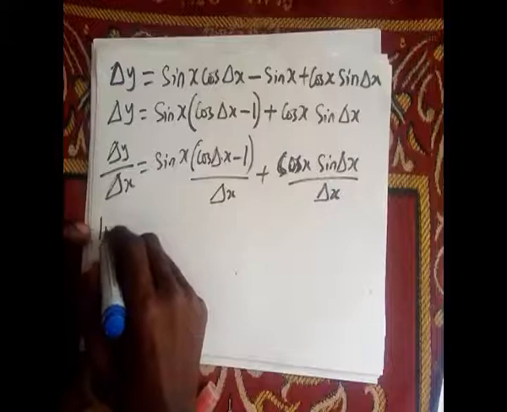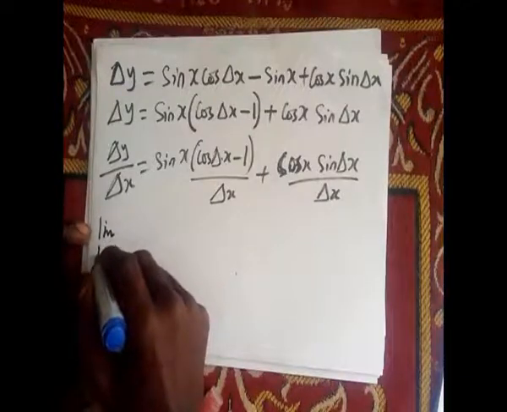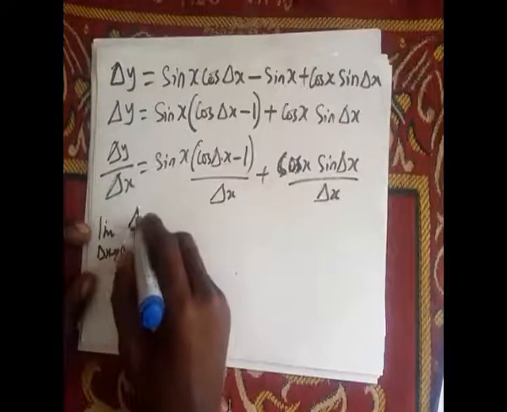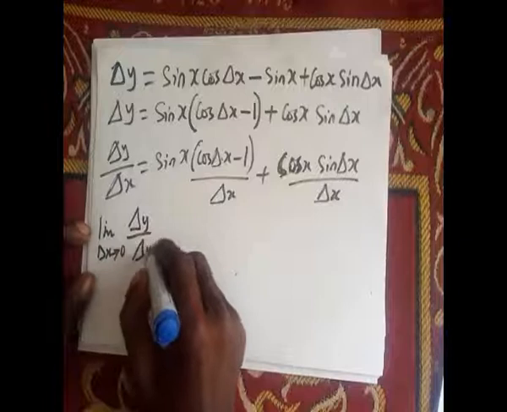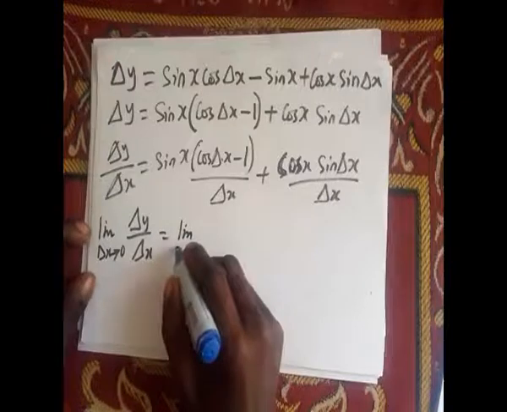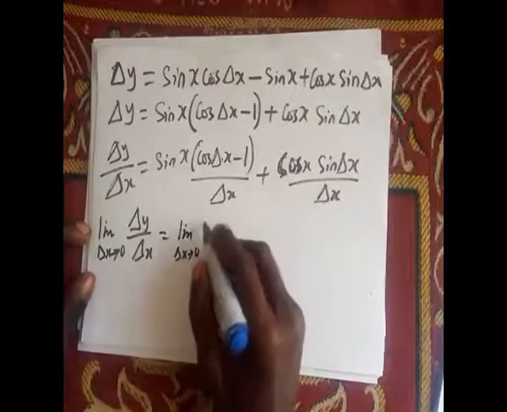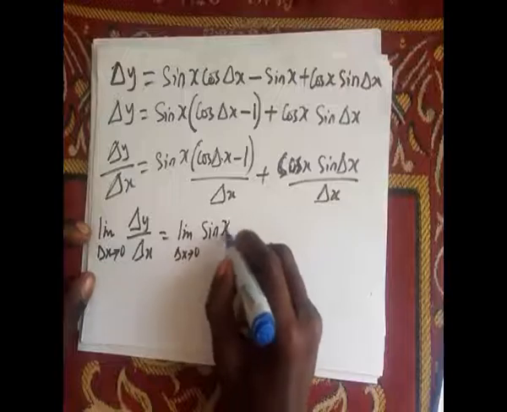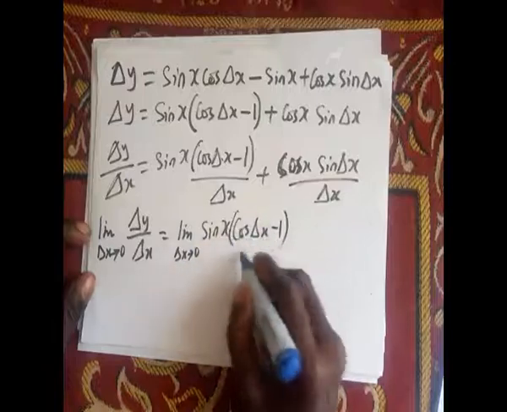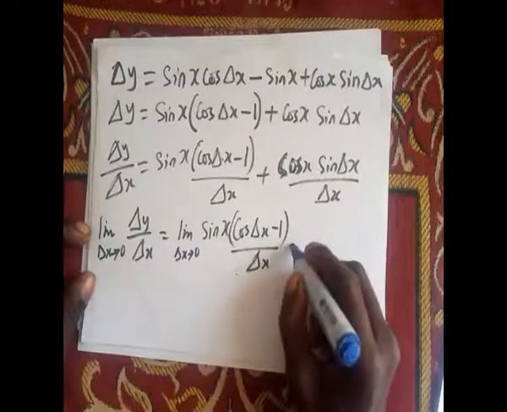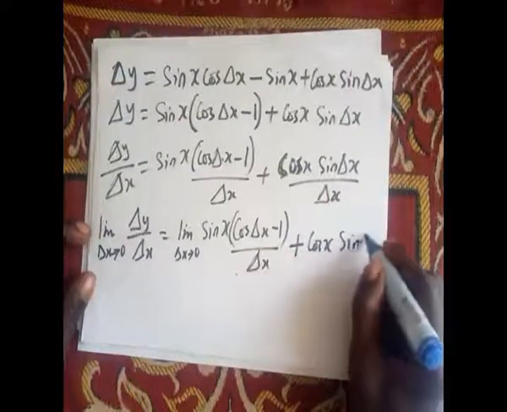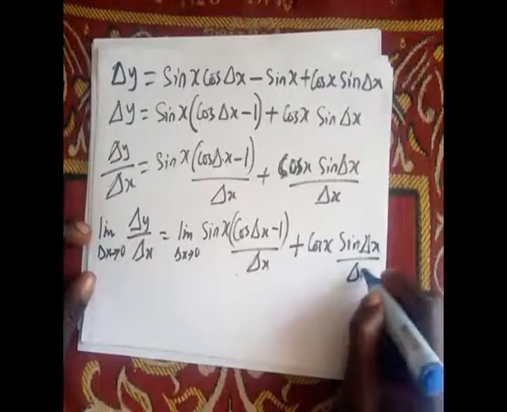So the limit as delta x approaches 0 of delta y all over delta x equals the limit as delta x approaches 0 of sine x into cos delta x minus 1 all over delta x plus cos x sine delta x all over delta x.